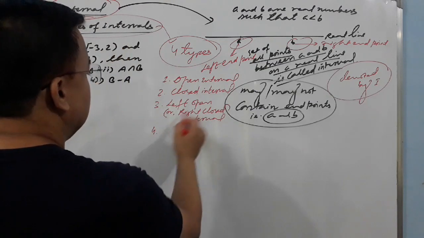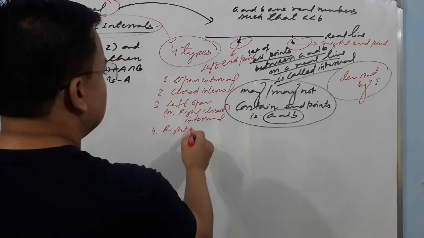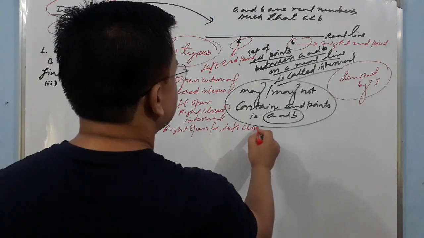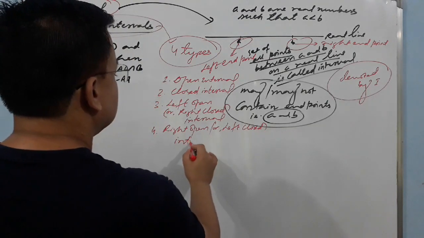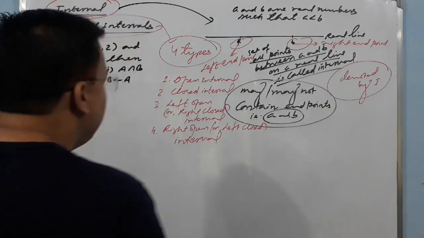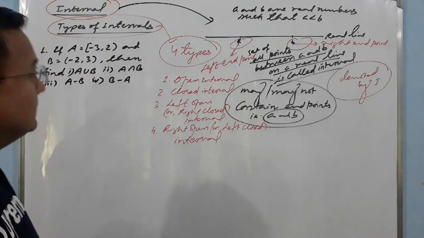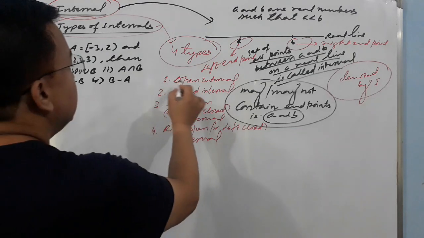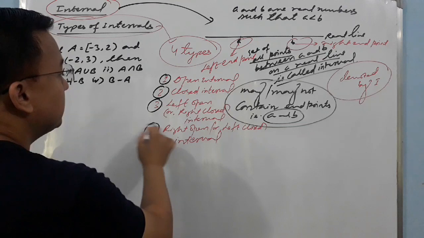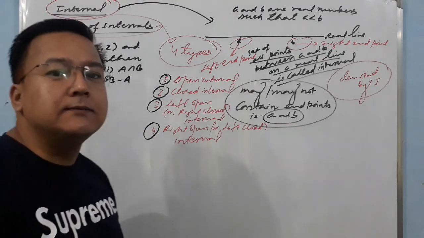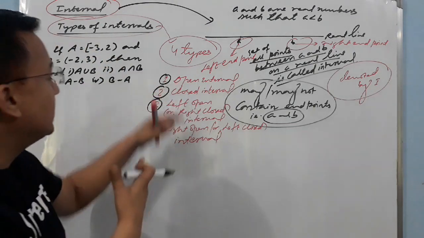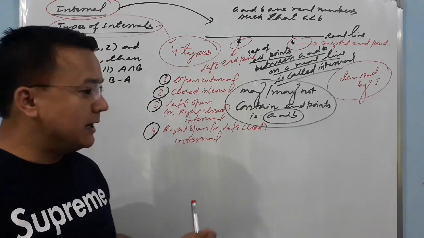Number four, right open or left closed interval. We have four types of interval: open interval, closed interval, left open interval, and right open interval. If you have any confusion, don't worry, I'm going to explain all these types of intervals.